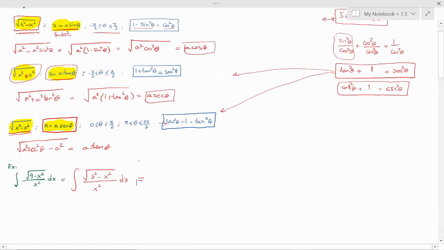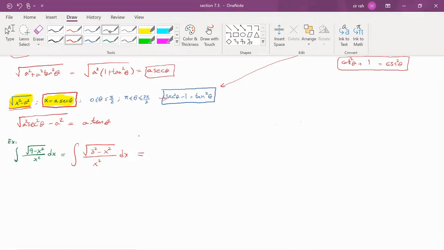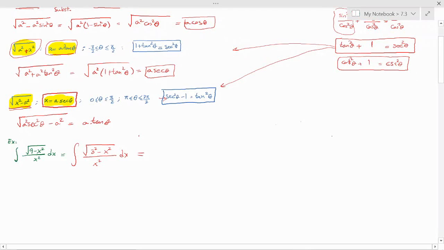In comparison with the first choice of substitution, what we can pick as substitution is x to be a sine theta. This is our substitution. So I'll replace x with a sine theta, but I already know what a is.